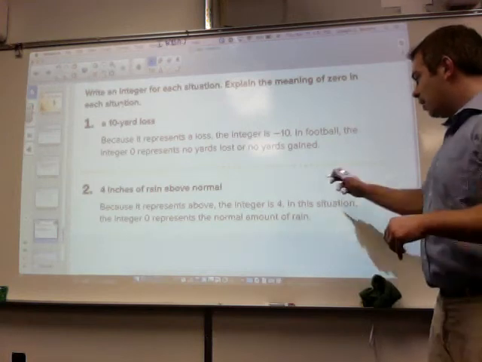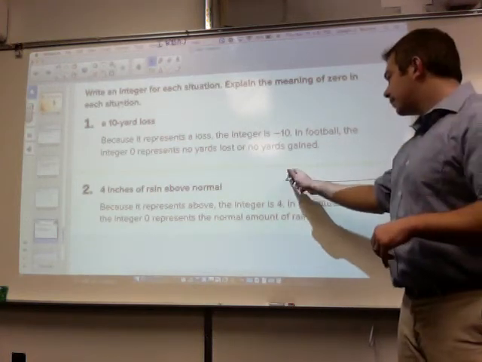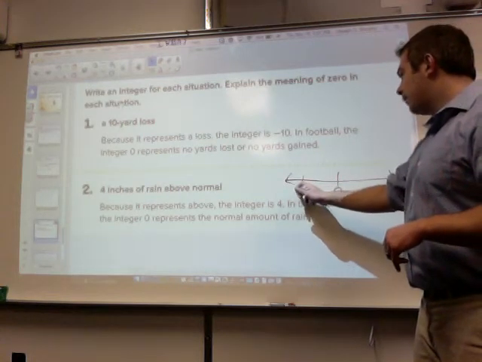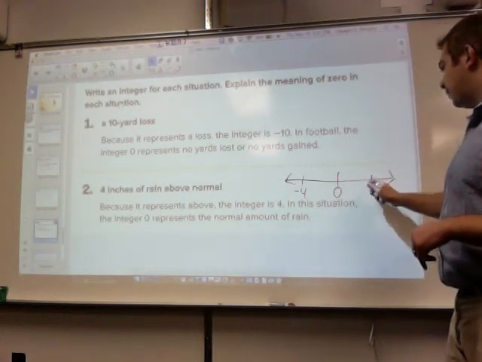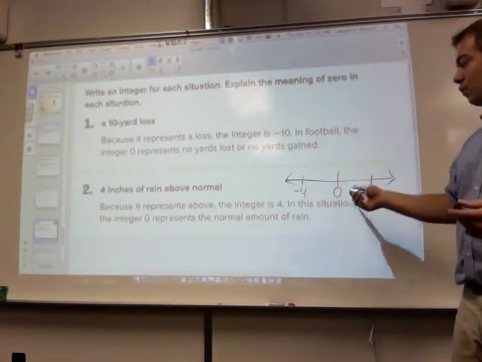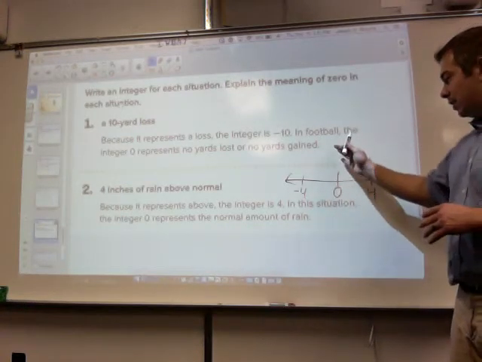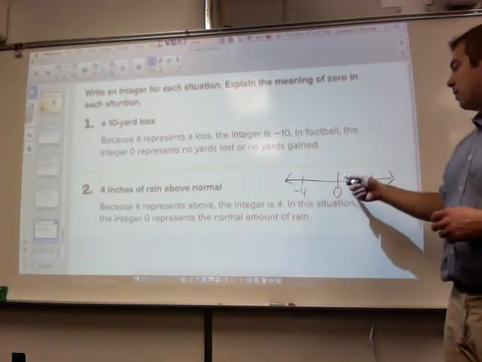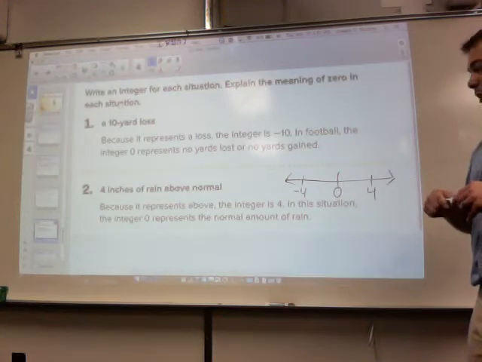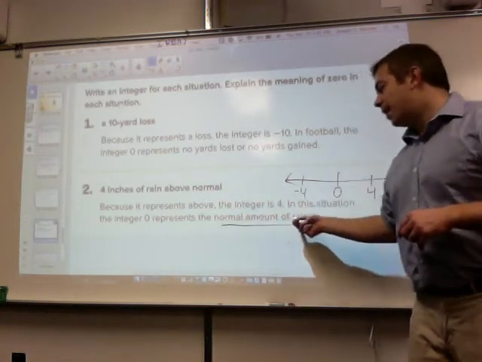Well, if I draw another number line here, there's 0. We'll put negative 4 this time, and we'll have positive 4 over here. What does 0 mean? Well, 0 is the normal rain level. Alright, so if 0 means normal, this year there is 4 inches above normal, so that's where it would be. So 0 represents the normal amount of rain.